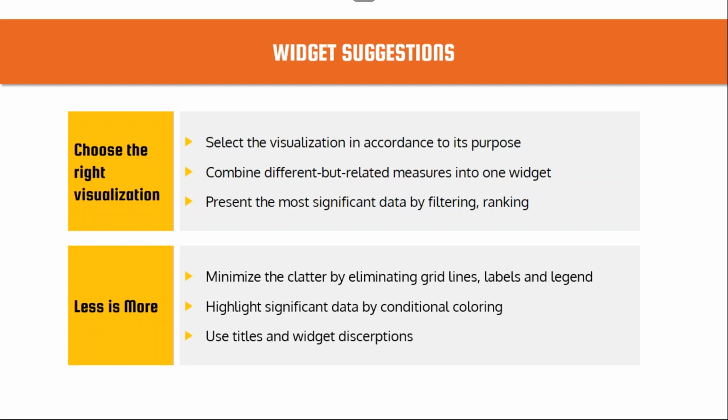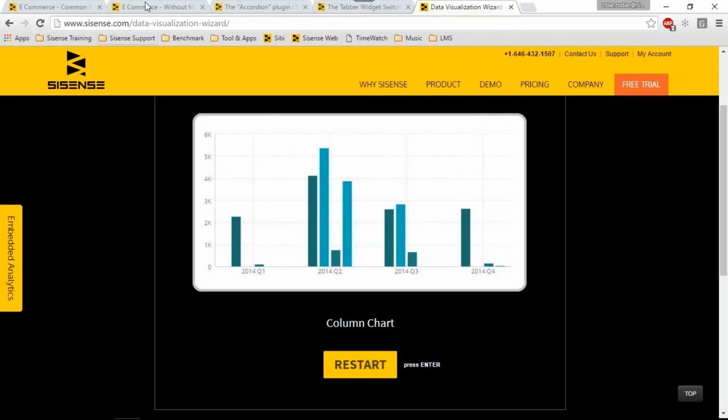So at the widget level, we want to minimize the clutter by eliminating grid lines and labels and legends. We want to highlight the specific and the most significant data by conditional formatting, conditional coloring, and of course we want to use titles and descriptions.